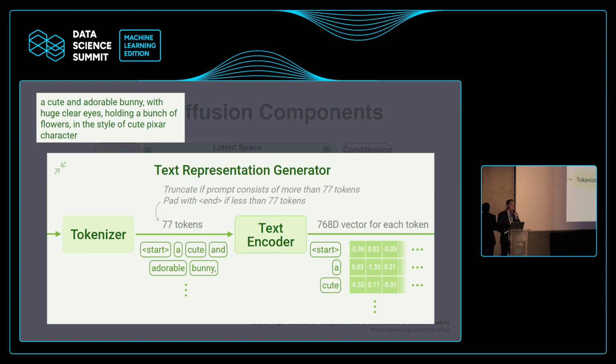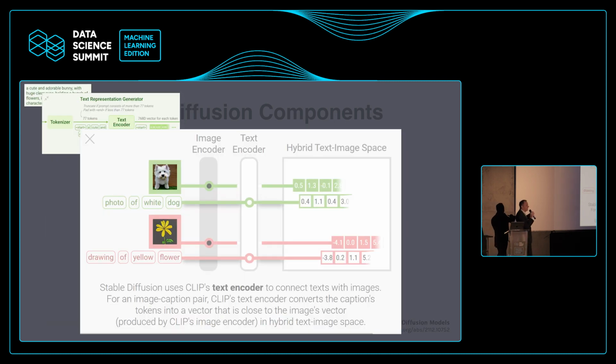Basically, this text encoder is a transformer that was trained on pairs of images and their descriptions. So there were actually two encoders, a text encoder and an image encoder, that were trained together, and they share the same embedding space, which we can treat as putting images in this multidimensional space and training both encoders so that they produce the same or very similar embeddings for similar pairs of images and descriptions.